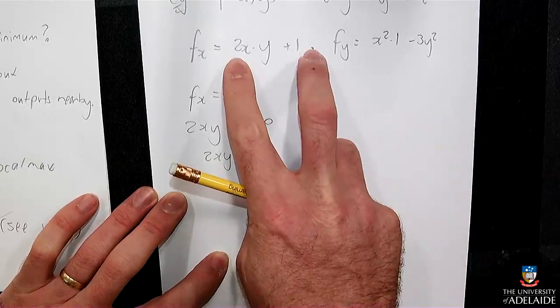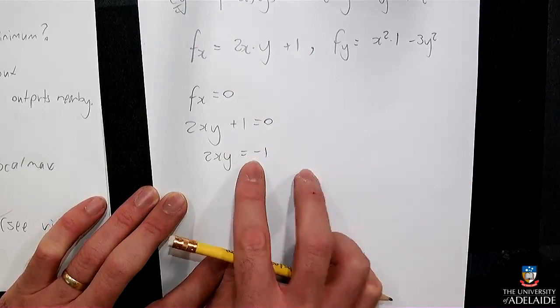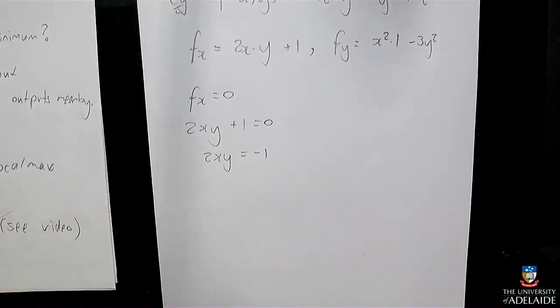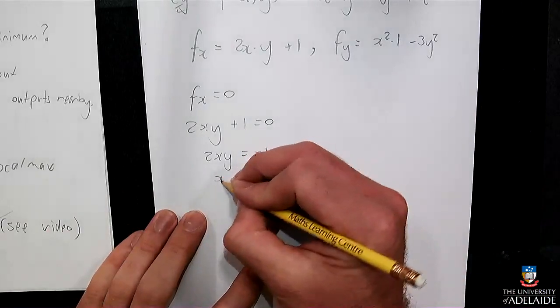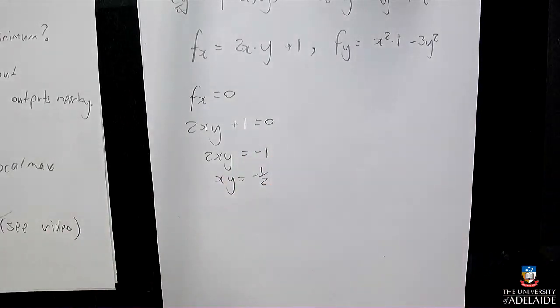So I need 2xy plus 1 to be 0, which means that 2xy is minus 1, which isn't the best. All right. I guess xy is minus a half. Can I get y equals 1 over 2 minus 1 over 2x? That's a thing that could happen. Okay.